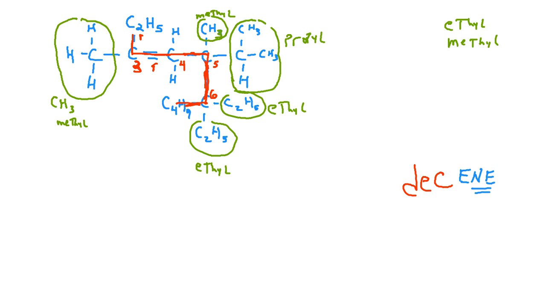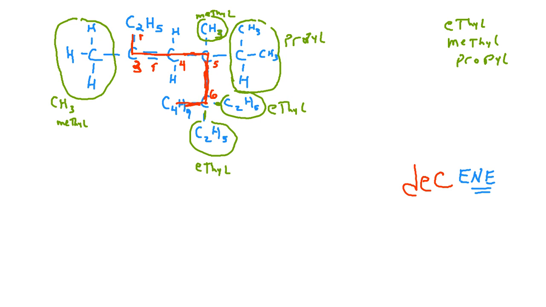So now we have the double bond told us which direction that we need to count from. So now it's easy. Let's just see. Where's the ethyl? The ethyl is here on carbon 6. And there's another ethyl on carbon 6. And that's it. All right.